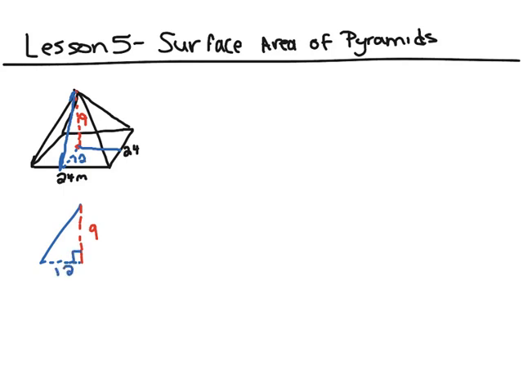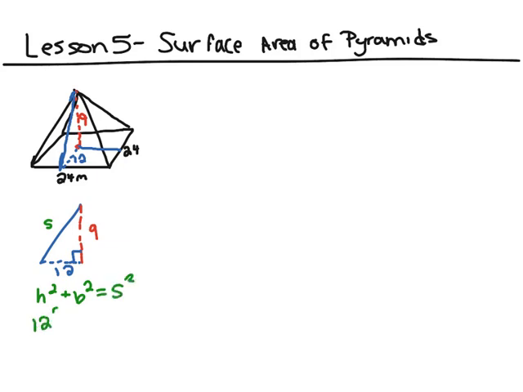And this is a right triangle. So to find our slant height, we're going to use the Pythagorean theorem. So the height squared plus the base squared is equal to our slant squared.